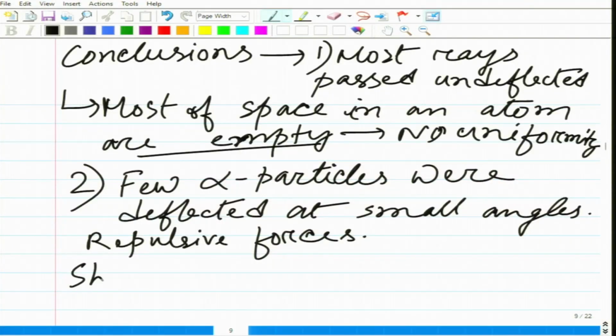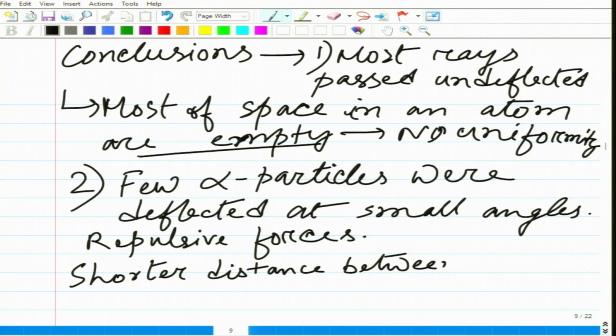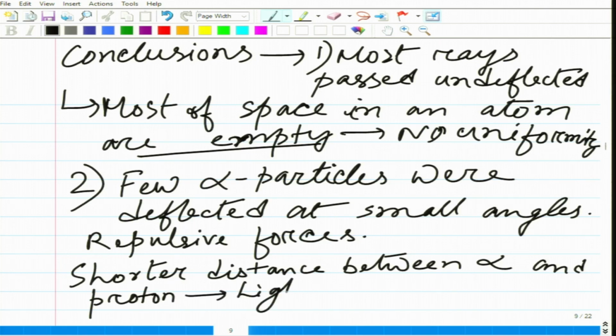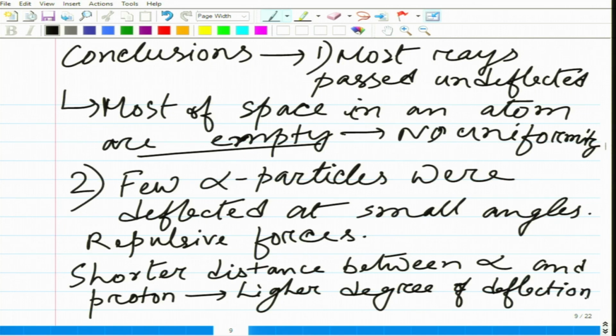So, a shorter distance between alpha particles and protons will cause a higher degree of deflection.